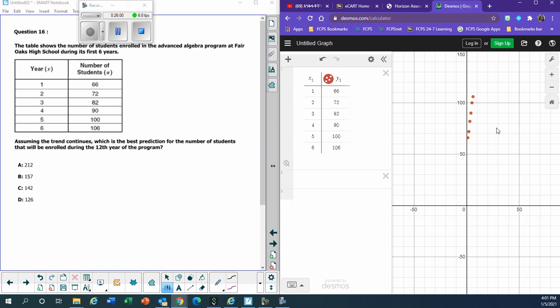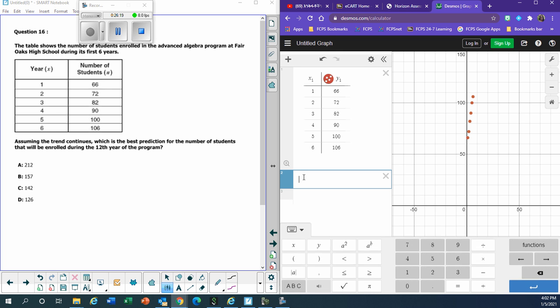The graph. Assuming the trend continues, which is the best prediction for the number of students that will be enrolled during the 12 years of the program. So I only have a 6-year program, right? So I have to create an equation. You have to put Y tilde, which is on top of your tab.